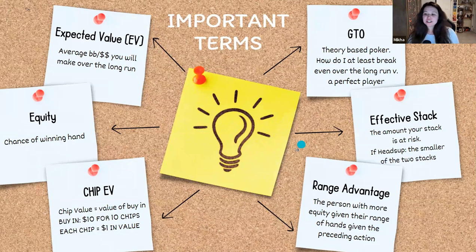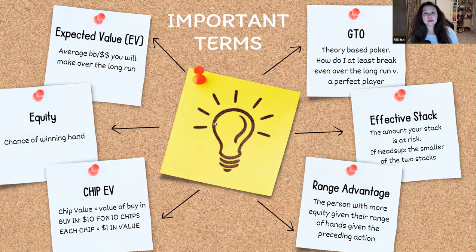And then range advantage. Range advantage is which person, at any given point in the hand, over all of the hands that they will show up with to that point, has the better range, has more equity at that spot. So an example is you are under the gun and your opening range is going to be tight, right?